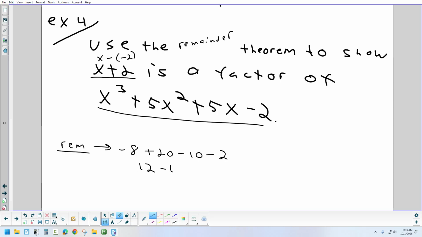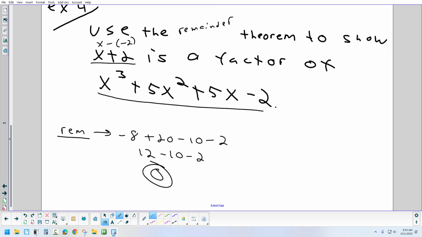Minus 10 minus 2. What's 12 minus 10 minus 2? 0. That means that x plus 2 is a factor of that cubic.